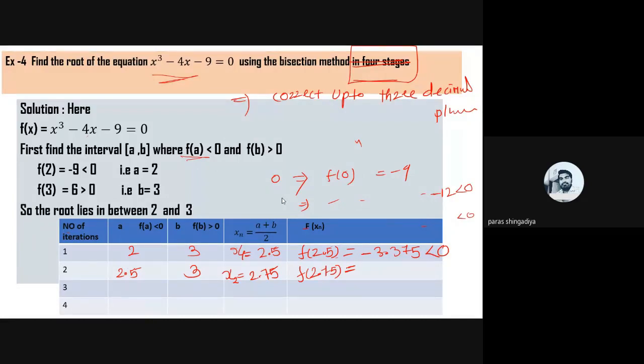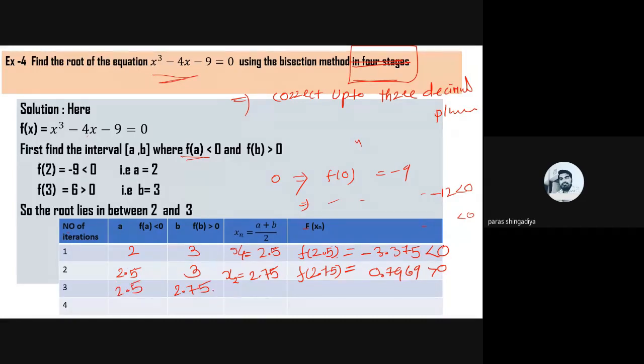There is positive 0.7969, and that is positive. So replace 2.75 in place of 3 and here 2.5 as it is.